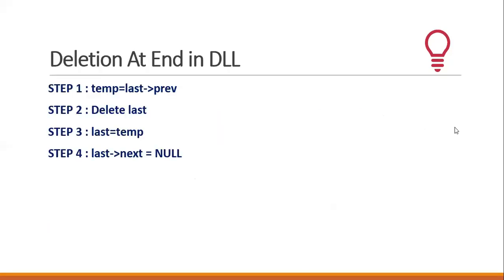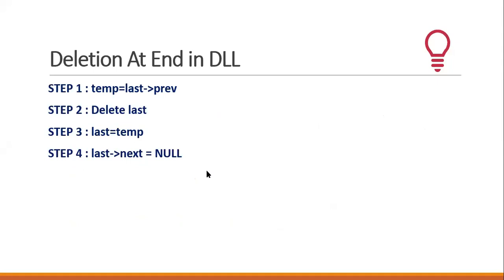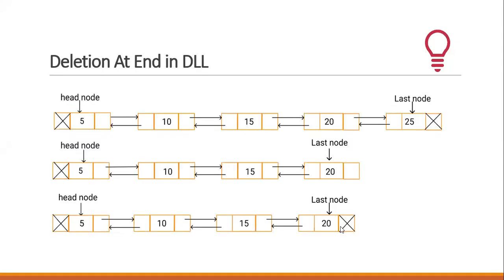Done. Step 3, last is equal to temp. This is temp, and now last will also act as temp. So last and temp are now one and the same. Last of next is equal to null. Fine. So this is how deletion can happen when we talk about a doubly linked list.